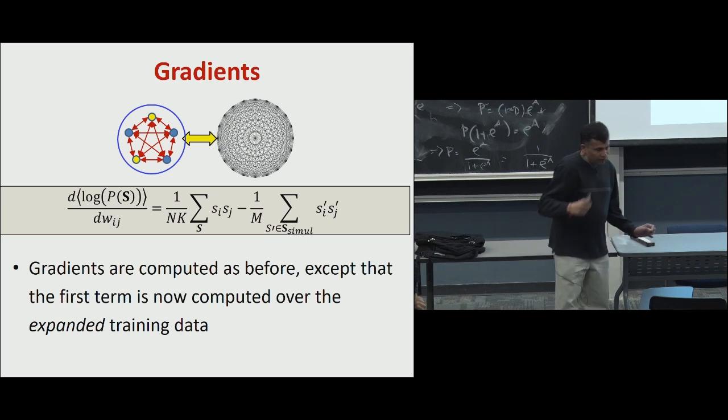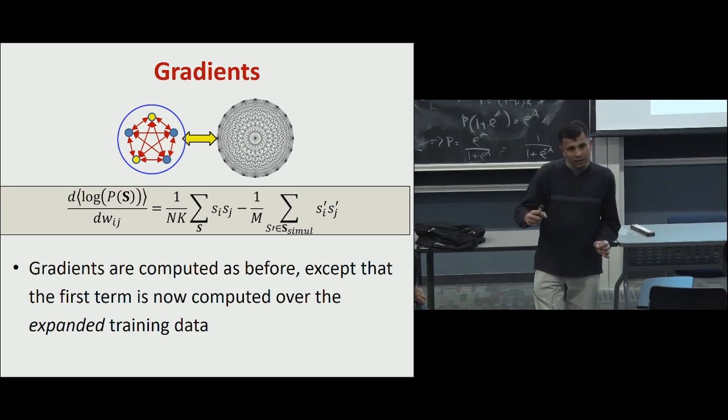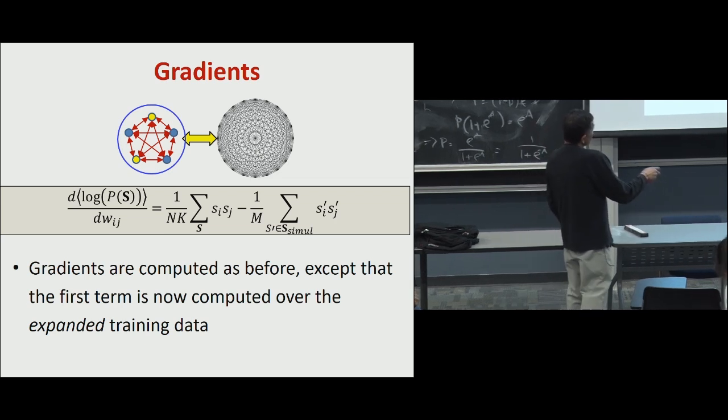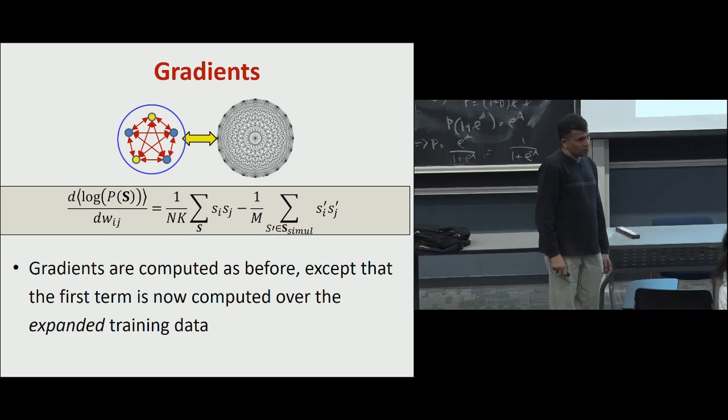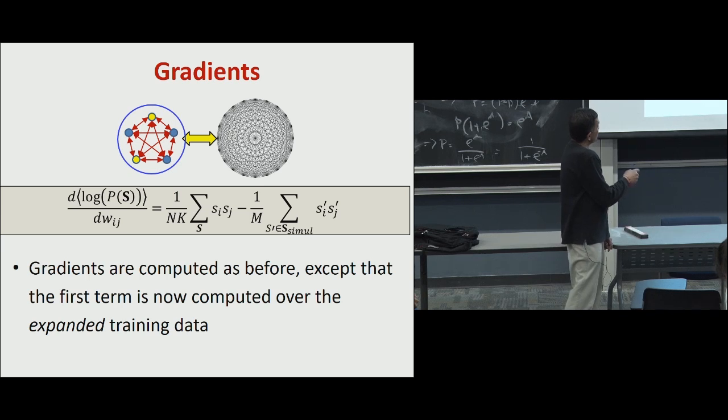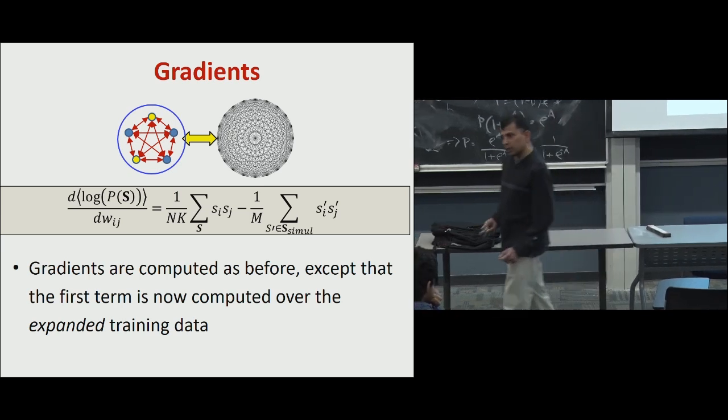It's actually the difference between the averages of these products under two conditions. The first is when you fix the visible neurons and only modify the hidden neurons. And the second is the average computed when the entire network evolves, right? And this difference gives you the derivative of the log likelihood with respect to the weight.